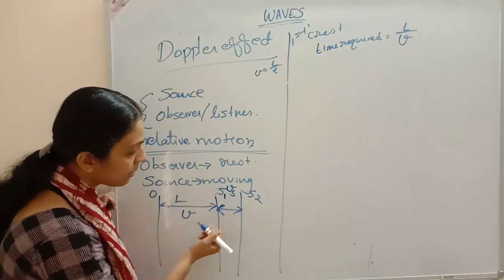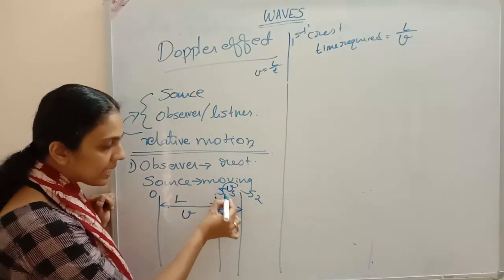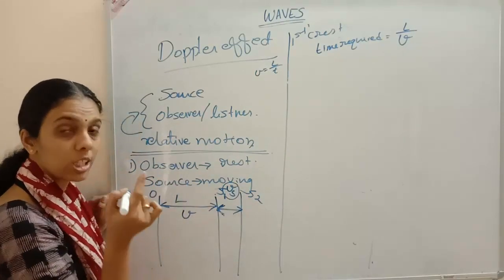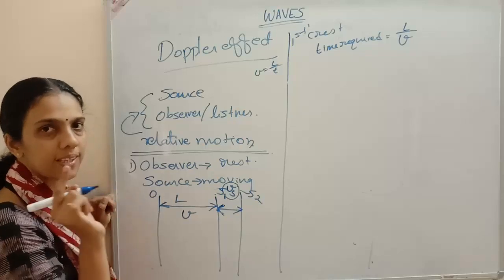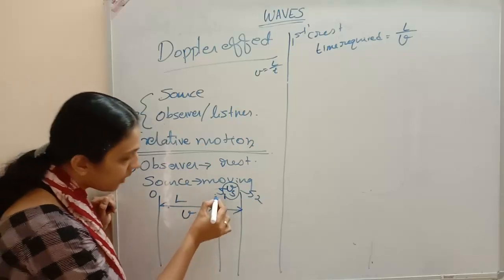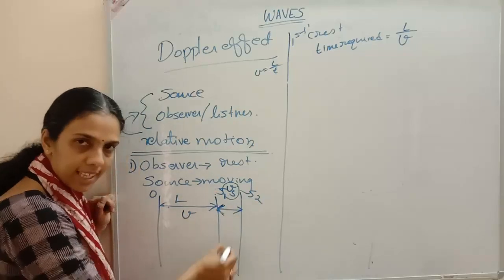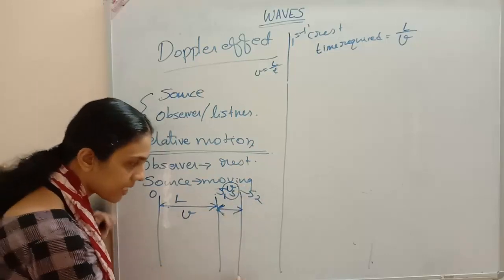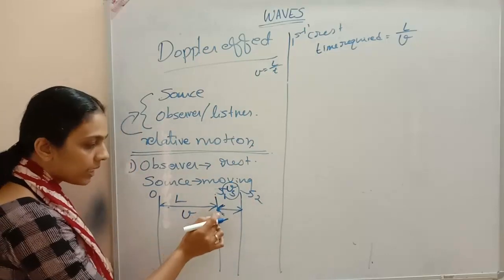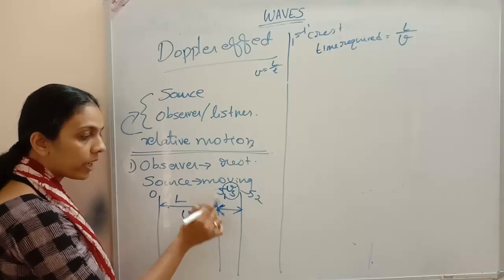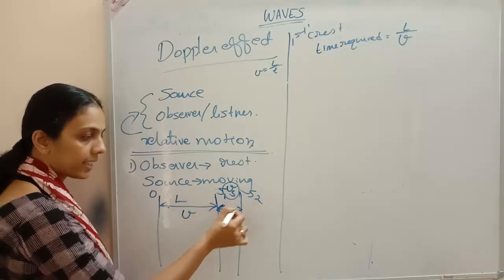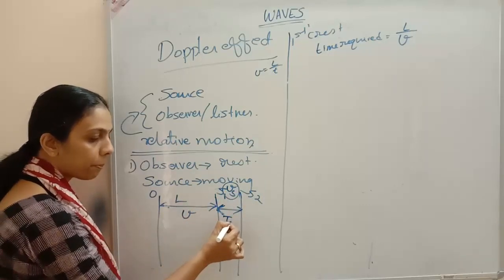The time required, as Vs is the velocity or speed of the source. The first crest is produced at S1 and the second crest is produced at S2. So the time required from the first crest to the second crest is the period.